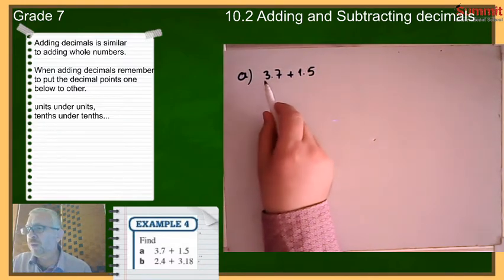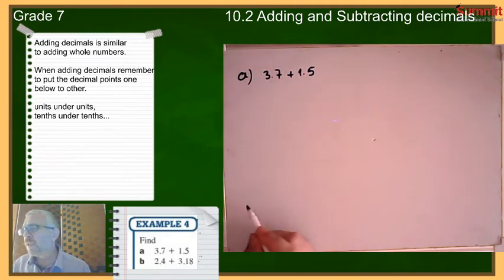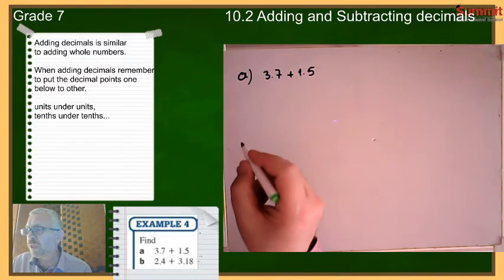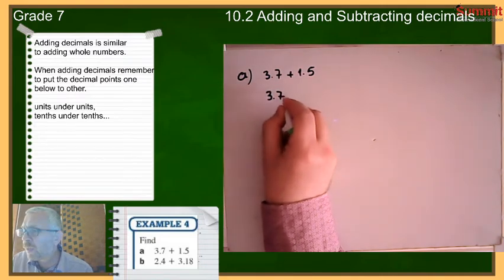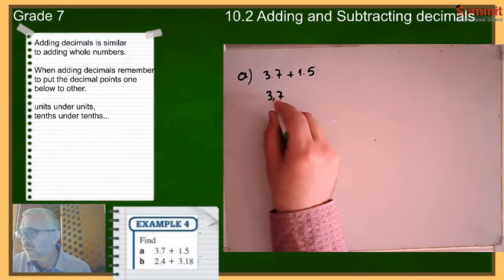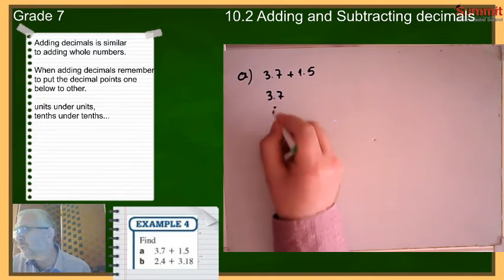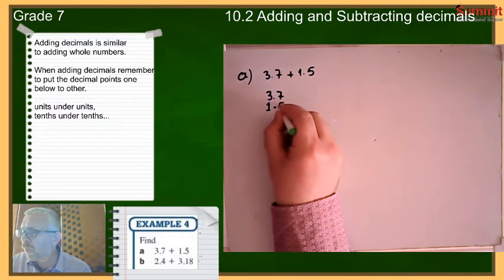As you see, we have 1 unit and 1 tenth. 1 unit, 1 tenth. That's why our addition will be very simple. And 3.7. Now I am going to write below the decimal point. I am going to bring the other decimal point. 1.5 I am going to write here.